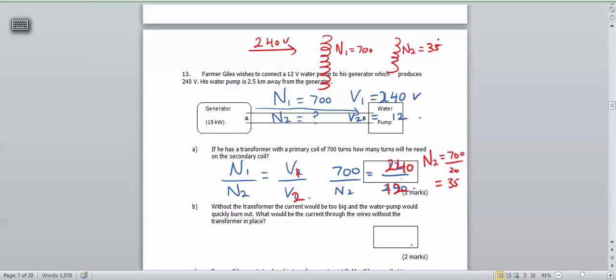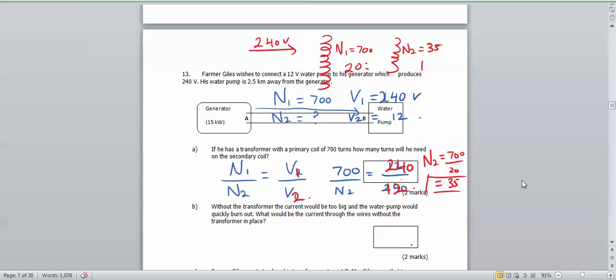Now that ratio of 700 to 35 is 20 to 1. So that's going to step the voltage down by a factor of 20. So that's how a transformer works. So the number of coils that he has is 35.